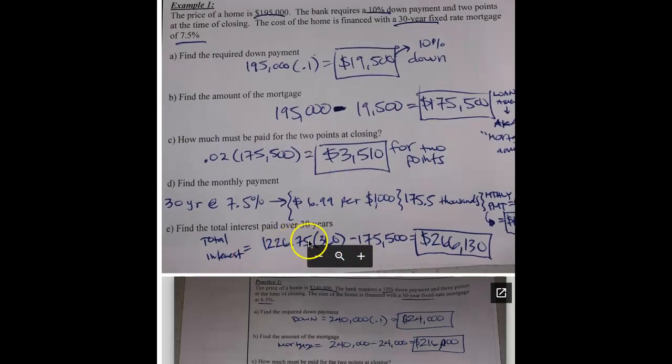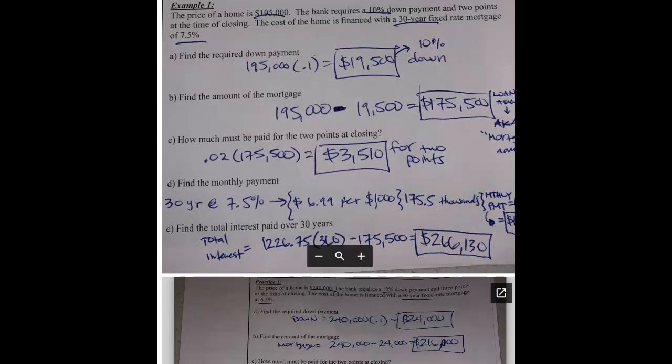So the total interest is going to be the monthly payment times 360, one payment per month, right? So $1,226.75 monthly times 360 months minus the original amount of the loan is going to leave us with this number. This number represents the total interest for this particular loan scenario.